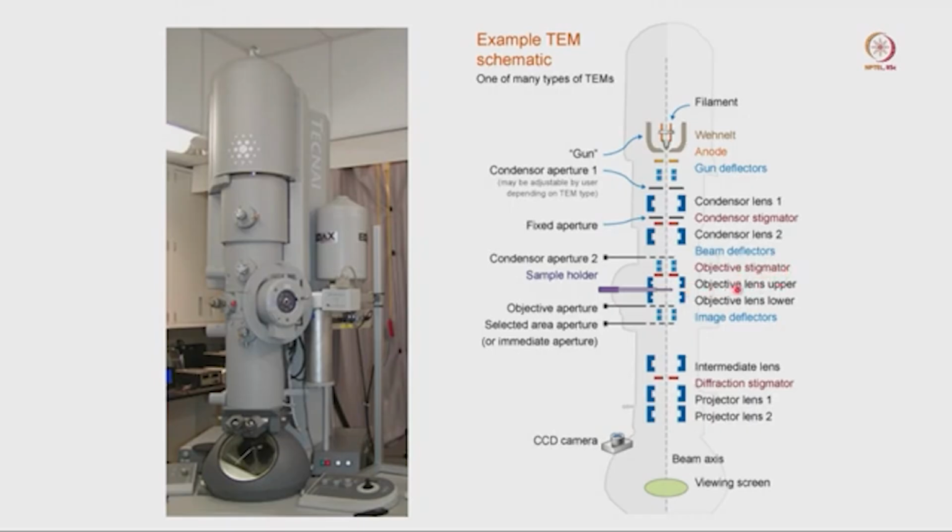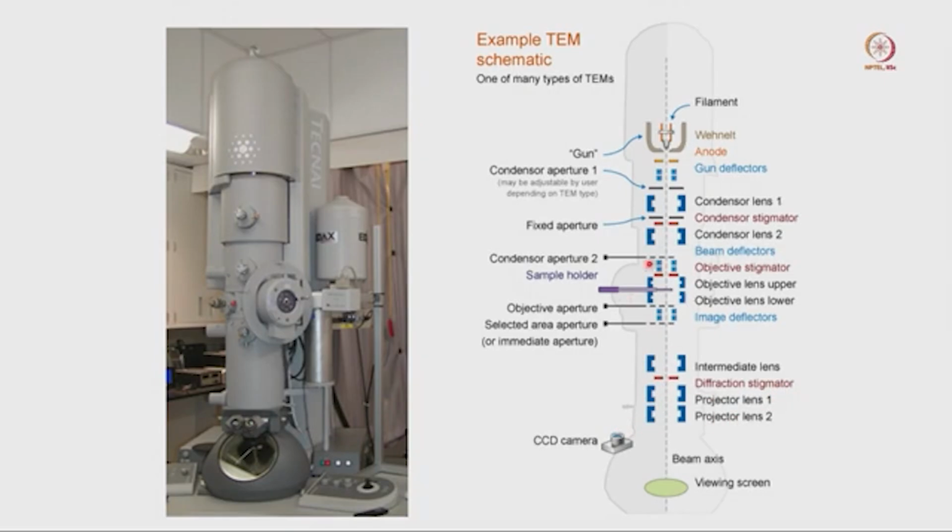As I mentioned in the last schematic diagram, we have a lens system called the upper objective lens and the lower objective lens, so it is split into two lens systems. Then it will come to the image deflector. After that, the intermediate lens, diffraction astigmator, then projector lens 1 and projector lens 2.